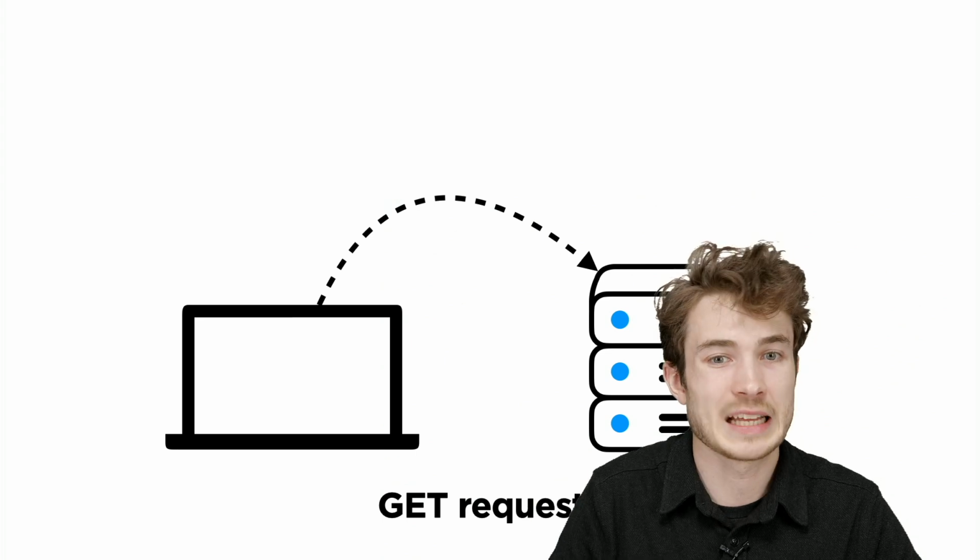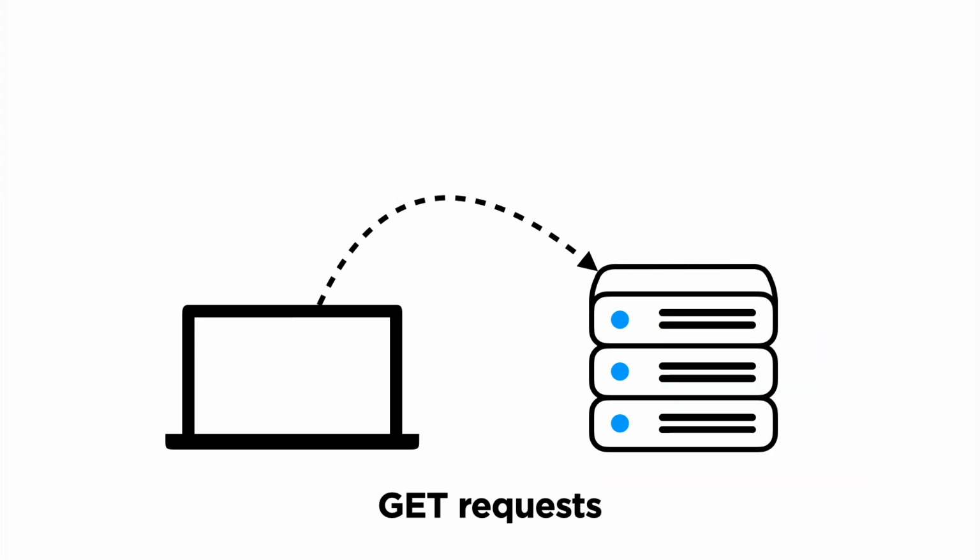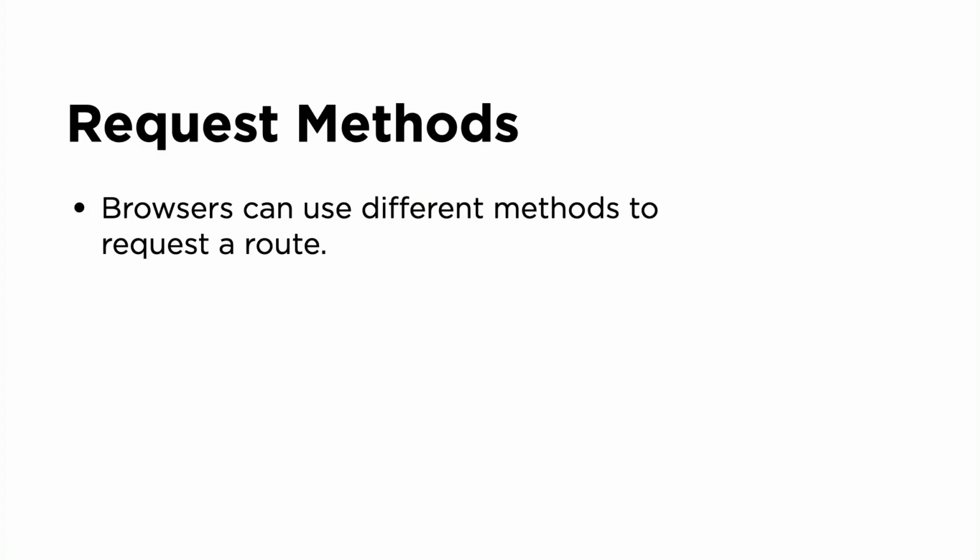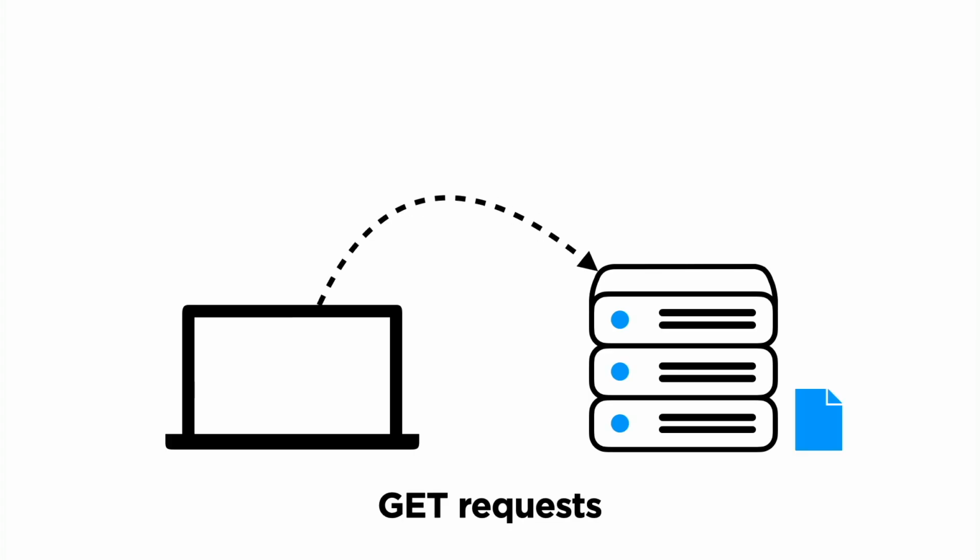So here is them sending that request. The server, meanwhile, then says, OK, I understand you want to get whatever is at the slash route. Why don't I give you this file, which is right there at that slash route? Maybe in terms of Flask, it says, let me render this file for you, and let me give it back to you so you can see it on your own computer here.